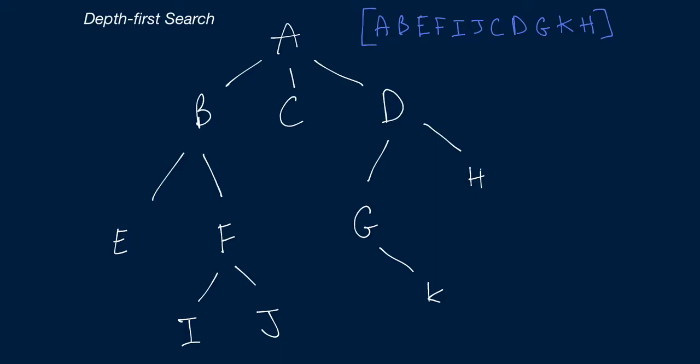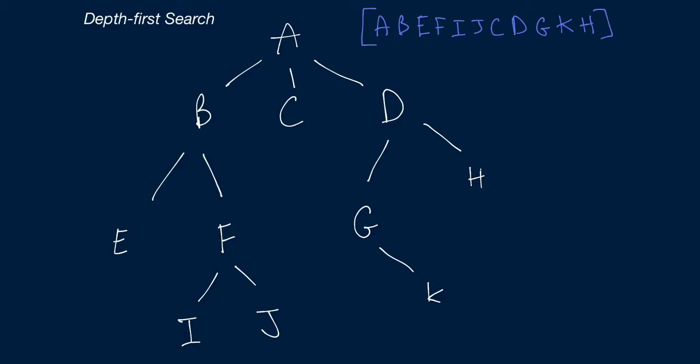So how does depth-first search work? Well, as its name suggests, we're going to be going deep rather than wide. In other words, we're going to explore a specific branch, probably the first branch in our graph, all the way down as deep as we can before exploring the next branch.